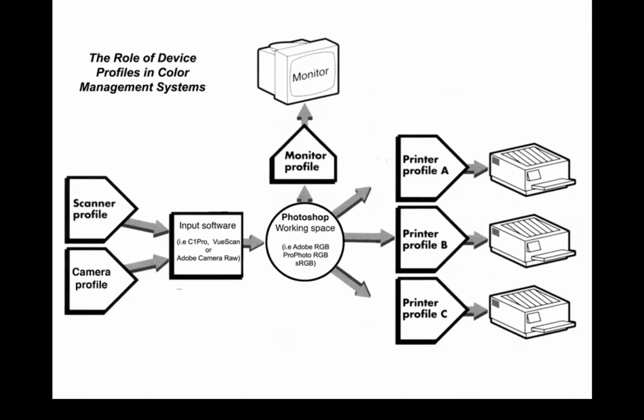This is an exchange space that's only, again, mathematical, and everybody's is the same. My Adobe Photoshop is identical to yours. So that's why we are getting rid of the bias of a camera, the bias of a monitor, and the bias of a printer. We are removing all of those by using profiles.